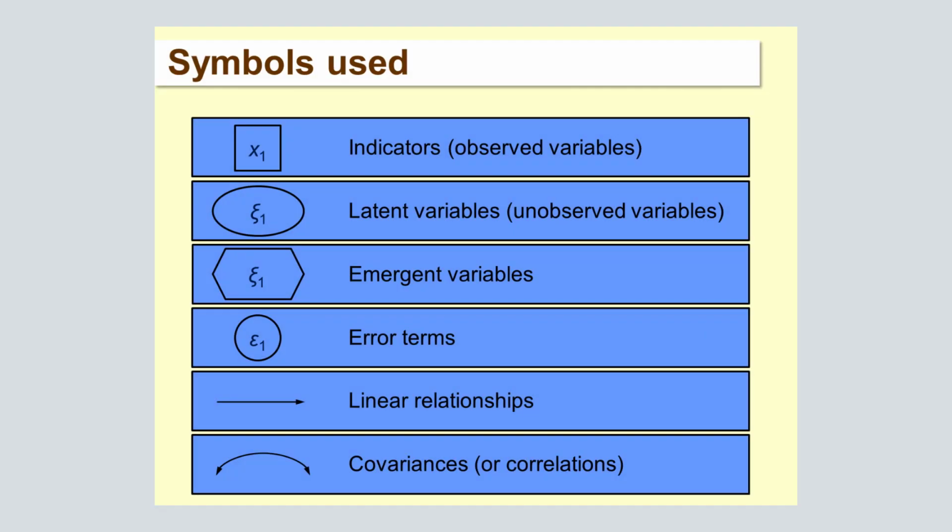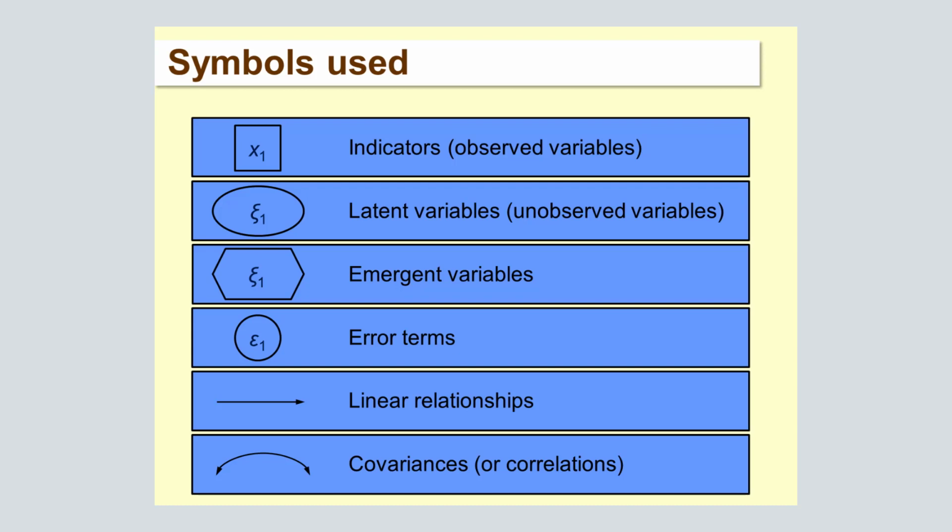6 different symbols are usually employed in structural equation models. Squares or rectangles denote indicators or observed variables. Ovals are used for latent variables, or in general unobserved variables. Hexagons represent emergent variables.